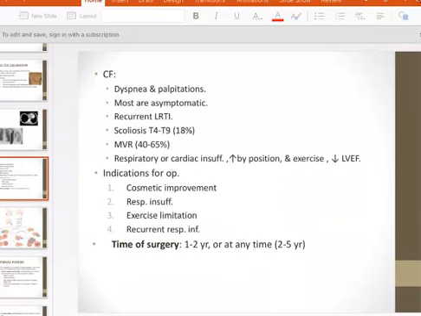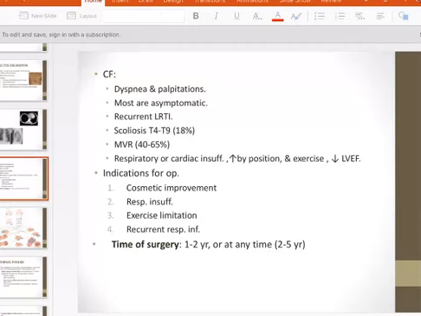The clinical features depend on how much the sternum is depressed. It may lead to dyspnea and palpitation. If it is a mild one, maybe asymptomatic. A severe one may have recurrent lower respiratory tract infections.